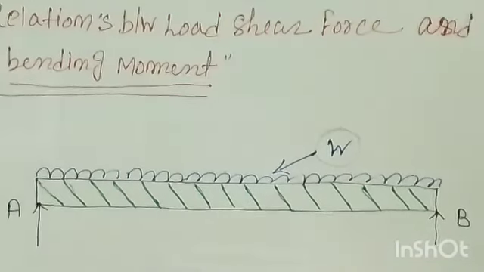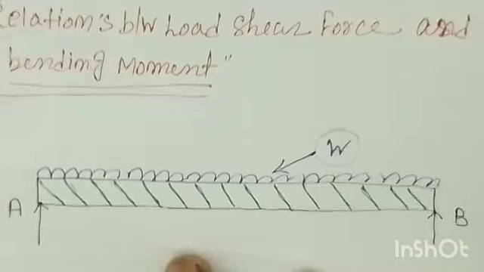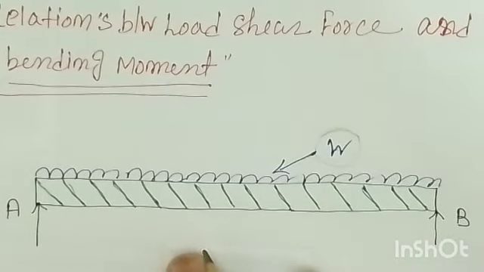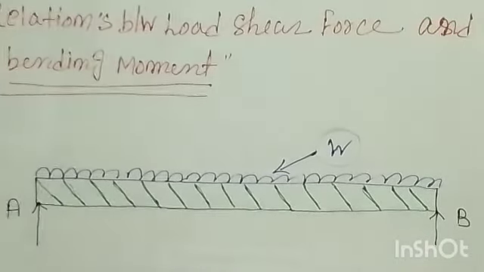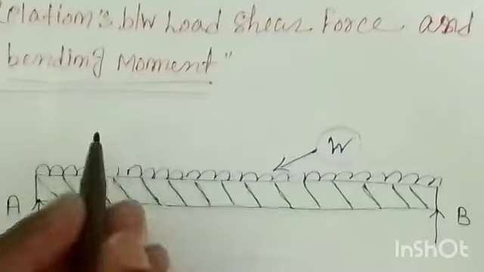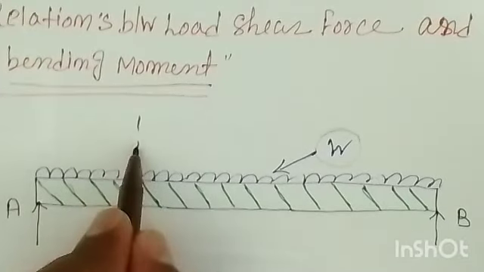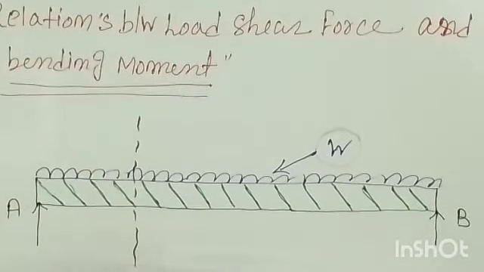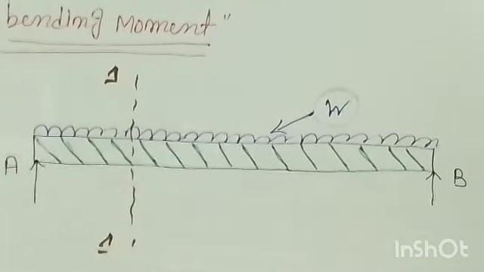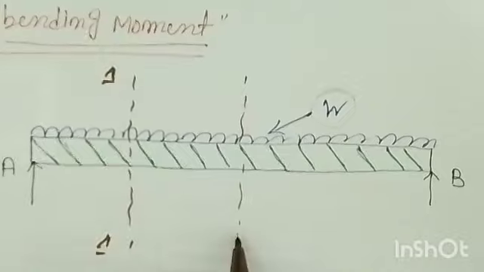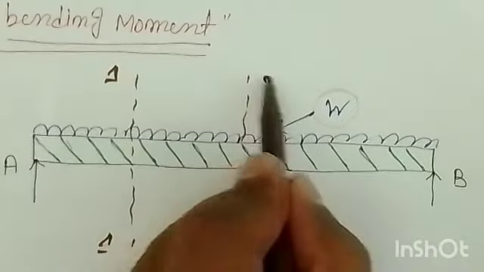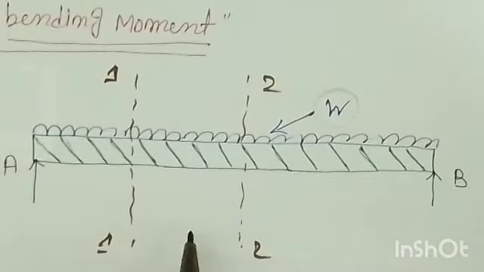First of all, for generating the relation between load, shear force and bending moment, we have to consider one section. We are considering sections on the beam. Let's say this is section 1, and the other is section 2. These are the two sections we have considered.